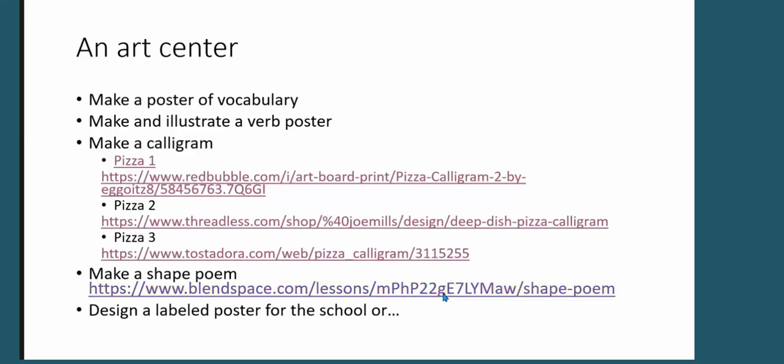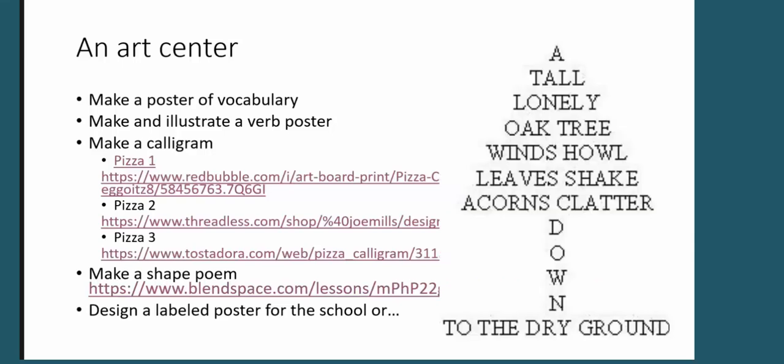Now I'm going to show you some examples of a shape poem. A shape poem is when they write their story in the shape of the subject. So a tall, lonely oak tree: winds howl, leaves shake, acorns clatter down to the dry ground.